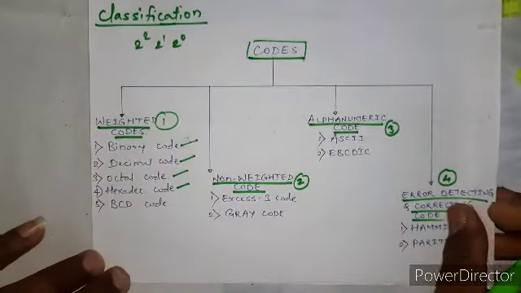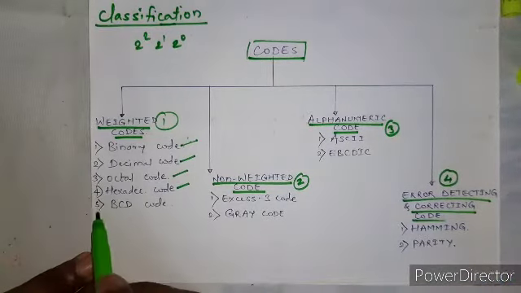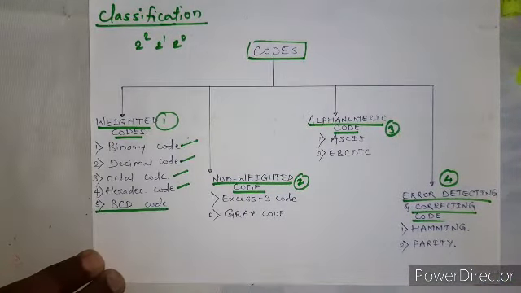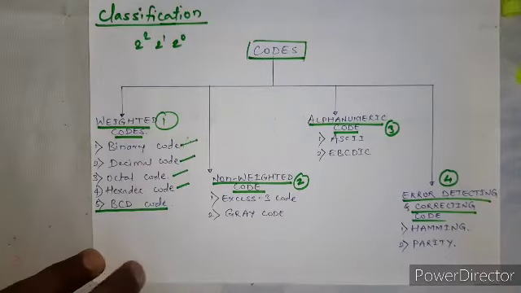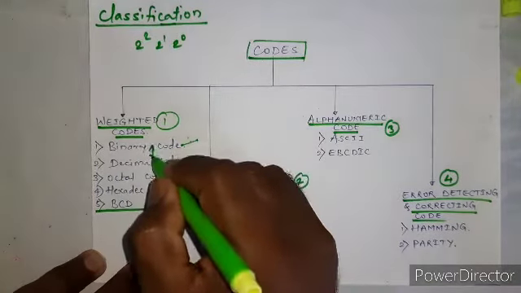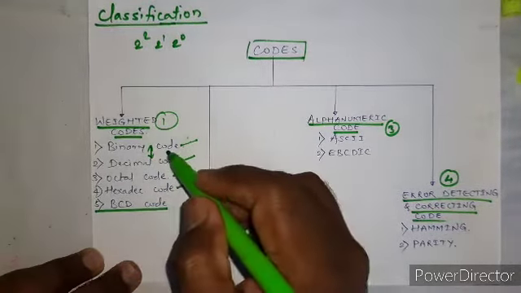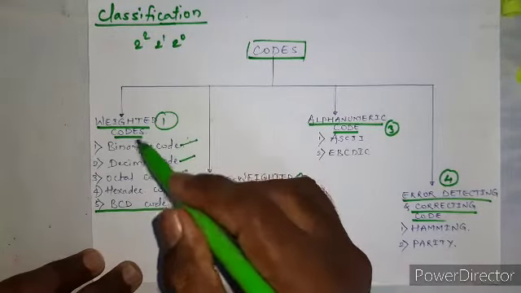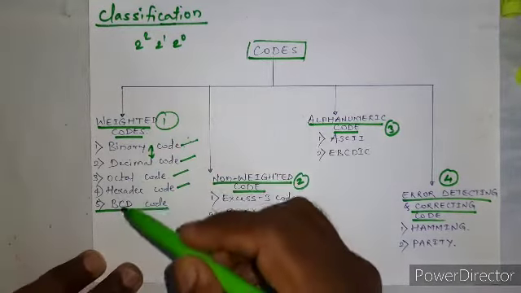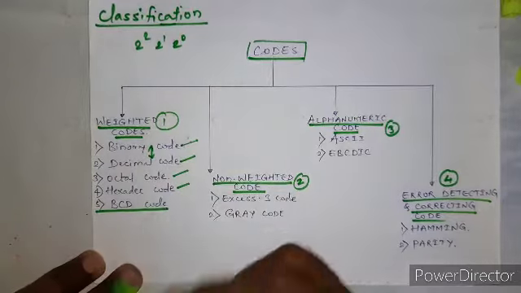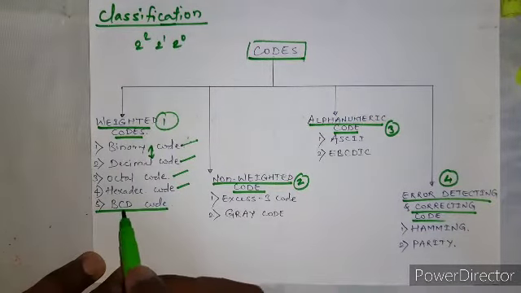What we are now going to see is the BCD code, binary coded decimal. It's a combination of binary and decimal. You may use some concepts of binary and decimal here, but they are not the binary or decimal. They are binary coded decimal.